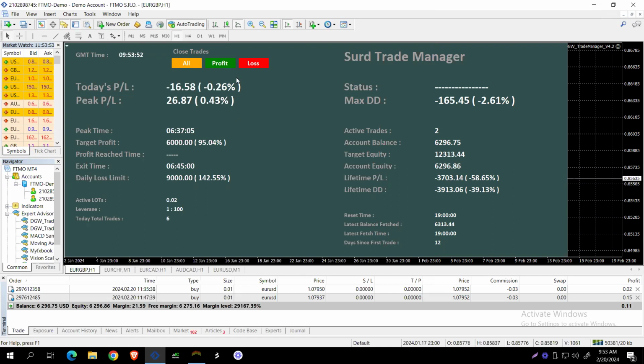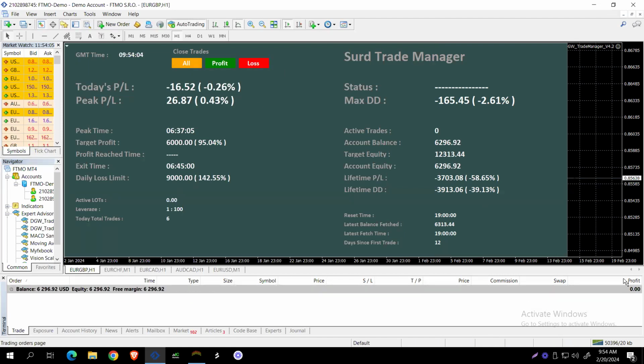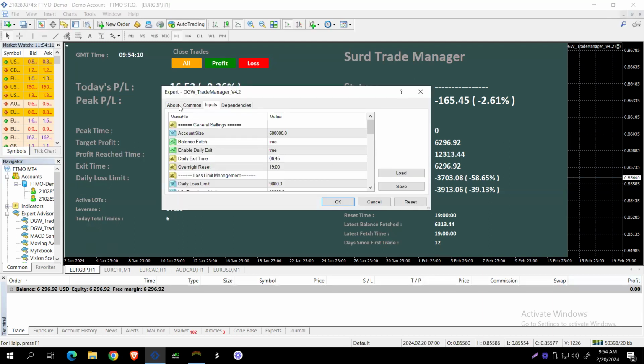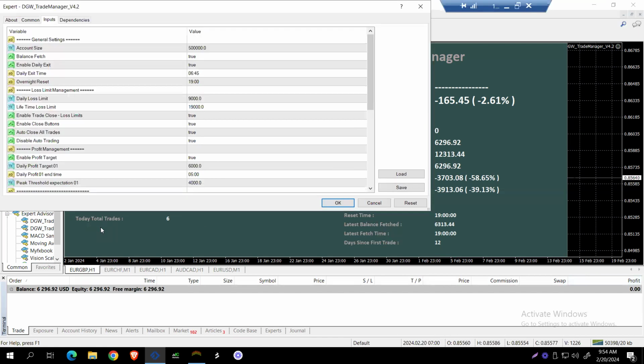Then if I say close profit, it will close any that is running on profits. Then if I say close all, it will close both loss and profits. So you see that they've been closed. That's the enable close trade buttons.